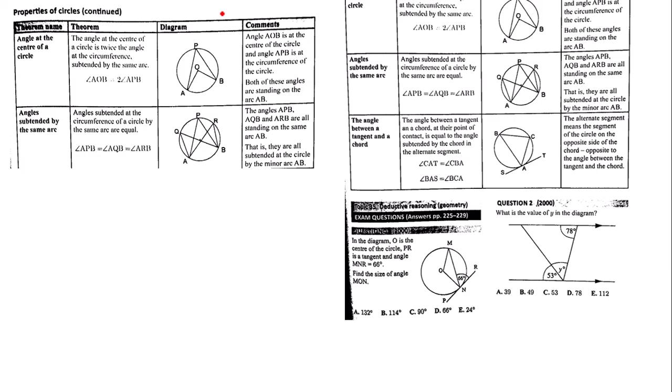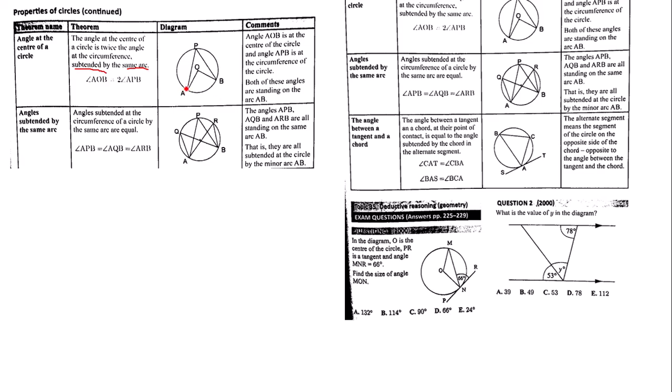Continuing with the theorems. Angle at the center of a circle. So the angle at the center of a circle is twice the angle at the circumference subtended by the same arc.